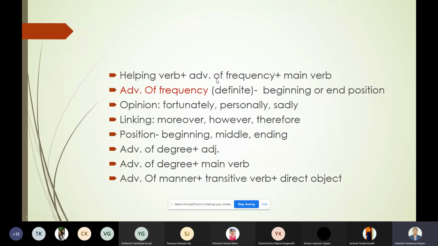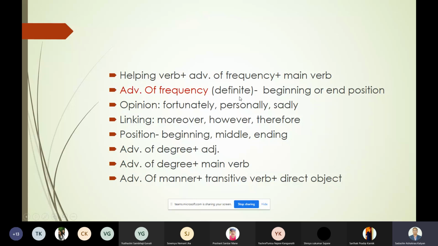This is the structure that we use whenever we frame the various kinds of sentences.